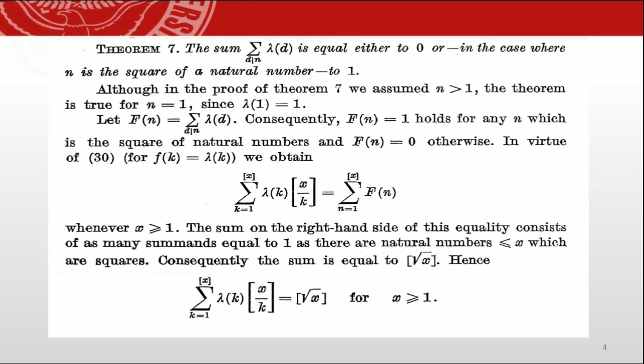Whenever x is greater than or equal to 1, the sum on the right-hand side of this equality consists of as many summands equal to 1 as there are natural numbers, less than or equal to x, which are squares. Consequently, the sum is equal to the square root of x.